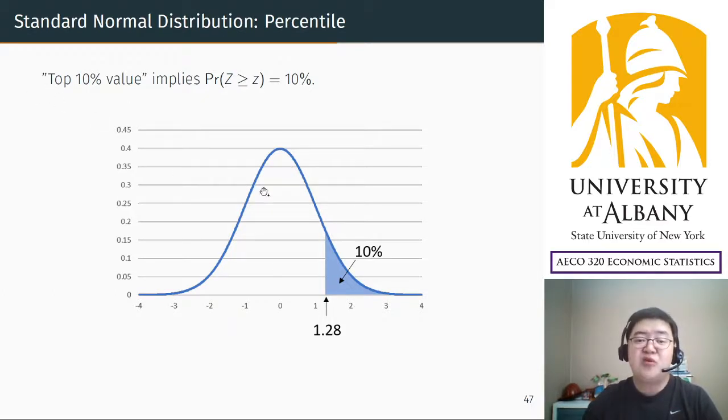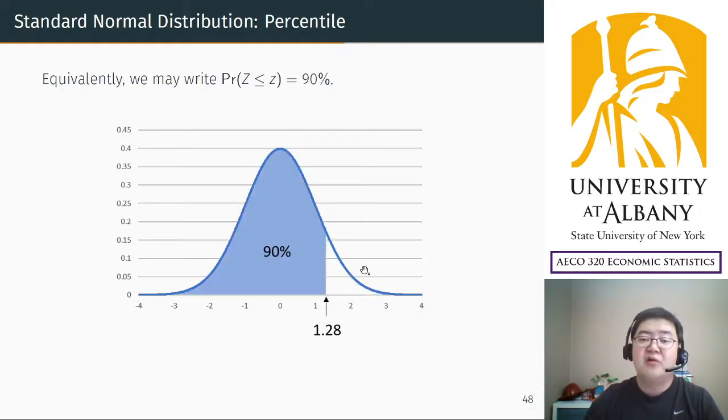This is when you count from the top. If you count the probability from the top, it's 10%. But you may also accumulate probability from the bottom. It's an equivalent way, but if you count from the bottom, you have to accumulate up to 90%, right?